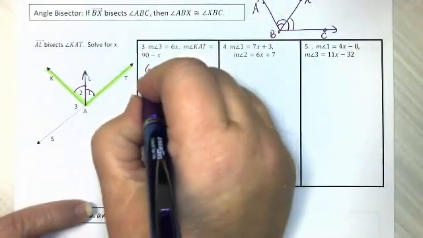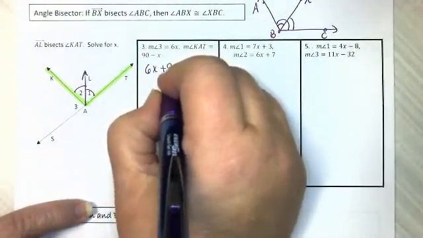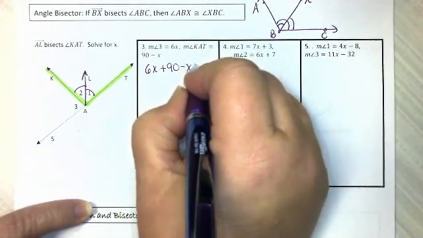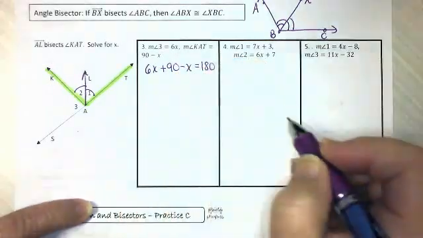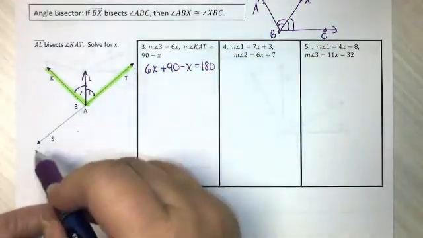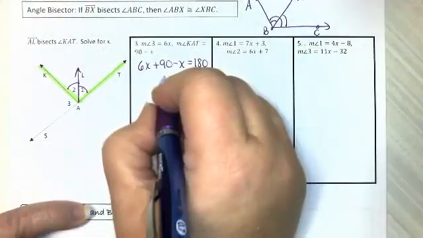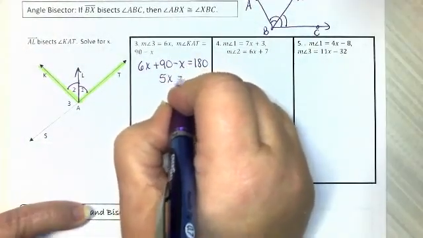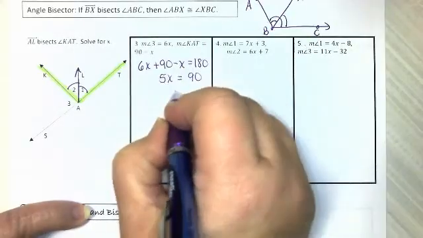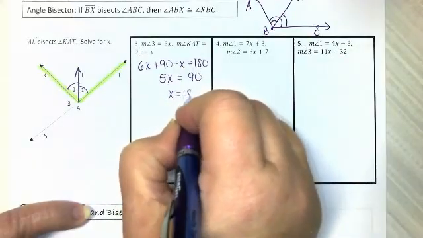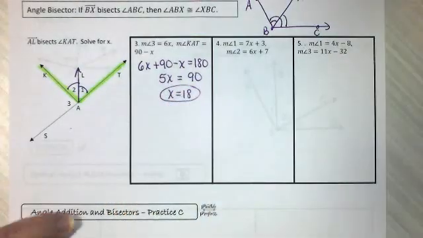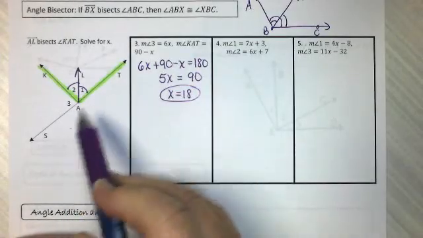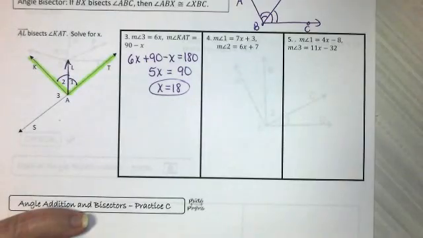So I'm going to say that angle 3 plus angle KAT equals 180 because they make a straight line. And then from here I just solve, subtract 90, and I get that x equals 18 for that particular question. So I had to recognize that linear relationship between those two angles.